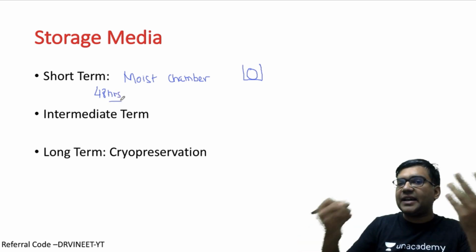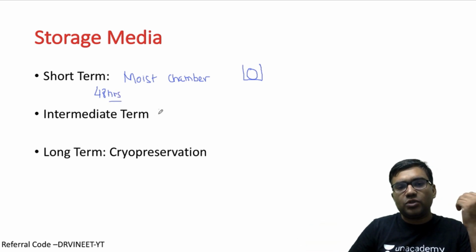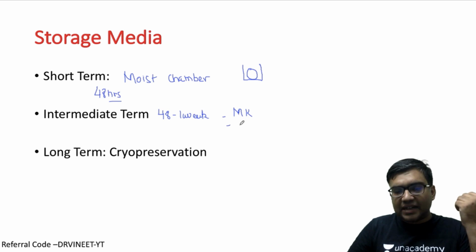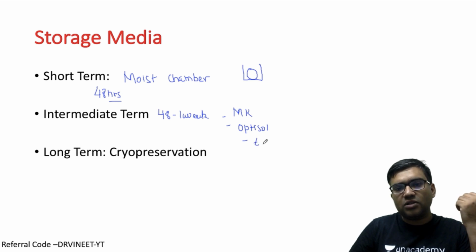For intermediate term, let's say I have to use it from 48 hours to 1 week time, we have other medias like MK media. Okay, the other ones are Optisol, Usol, and Ksol.